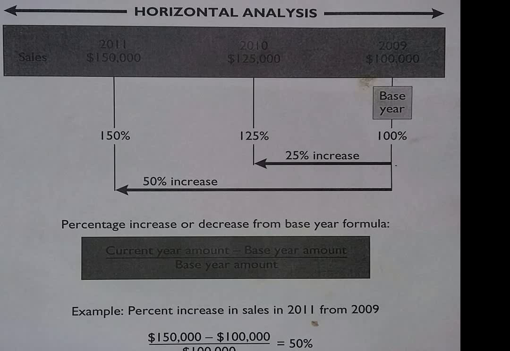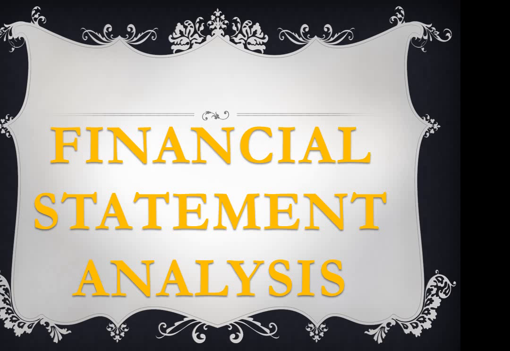Vertical analysis evaluates financial statement data by expressing each item in a financial statement as a percent of a base amount. Again, vertical analysis evaluates financial statement data by expressing each item in a financial statement as a percent of a base amount.